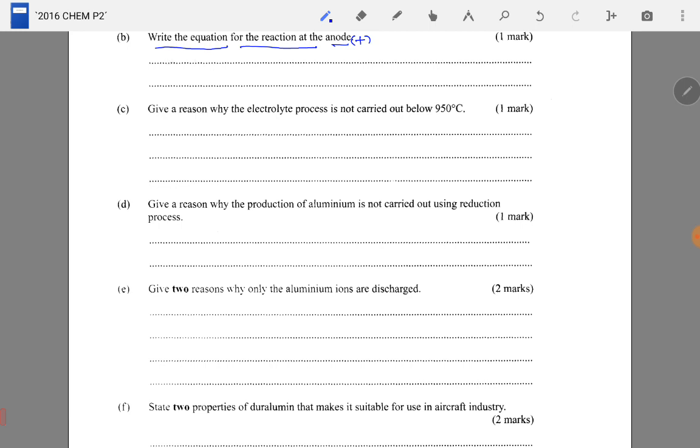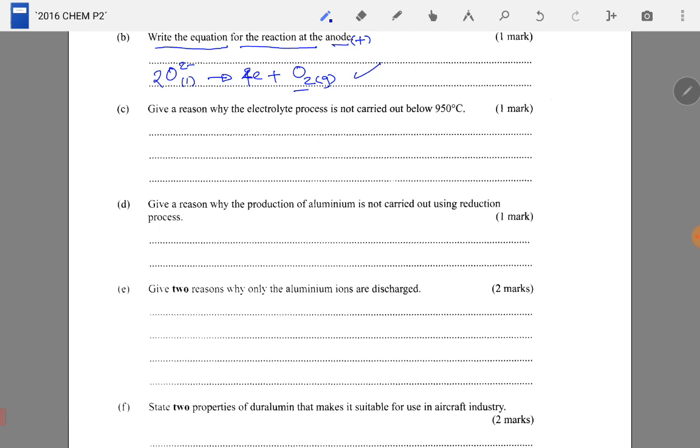We have oxide ions, liquid, will be discharged by releasing 2 electrons to form oxygen. Need to balance. So this becomes 4, 2, because oxygen is diatomic. So that is the equation.